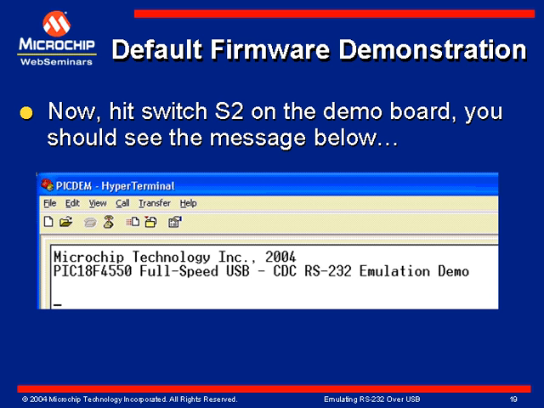So this shows that the end application, the HyperTerminal program, is basically just opening a COM port, but it's really talking to a device that is connected through a USB interface. And this is a really neat feature in a sense that if you want to migrate your application from an RS-232 based device to USB, all your work is basically on the device's side, and you hardly have to do anything on the PC side.